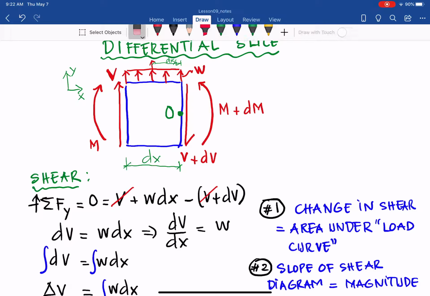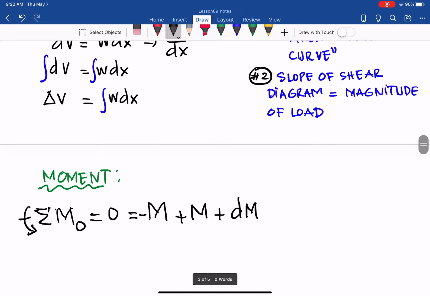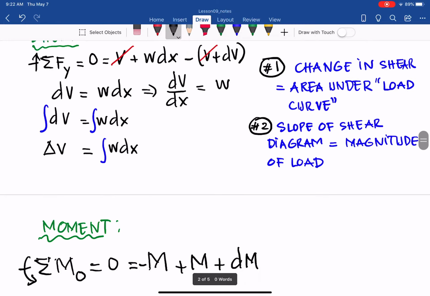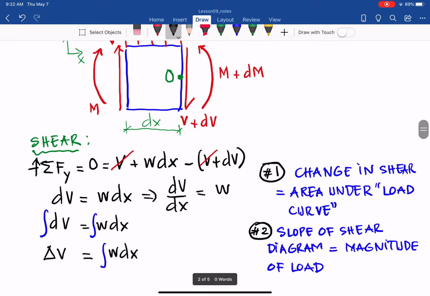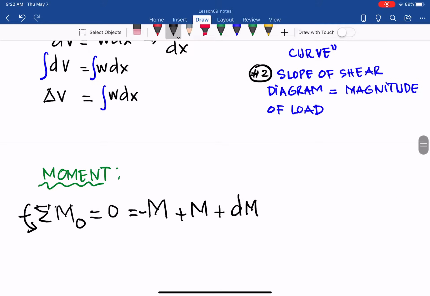Let me erase that to make it clear. As you already know from statics, we can have that equal to, about O, that load creates a clockwise rotation, so it will be negative w dx squared over 2.